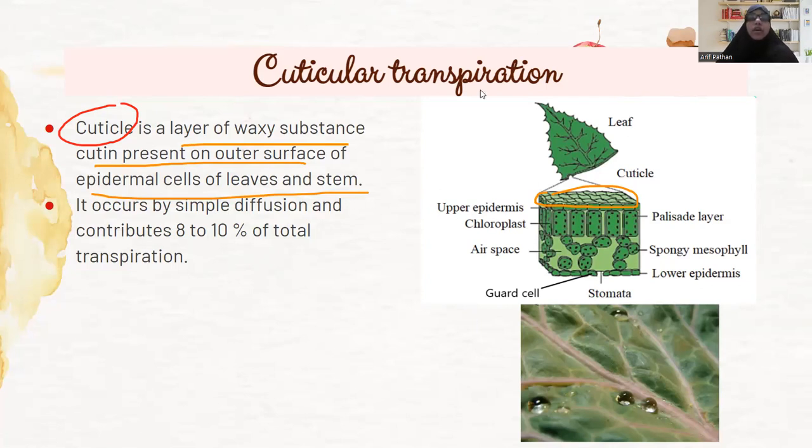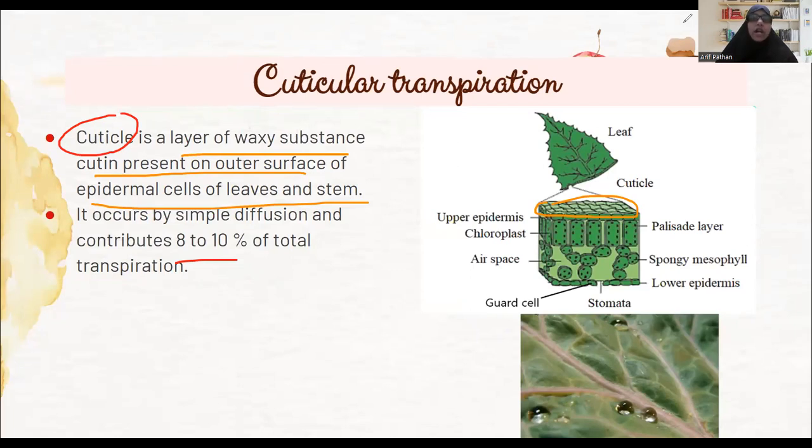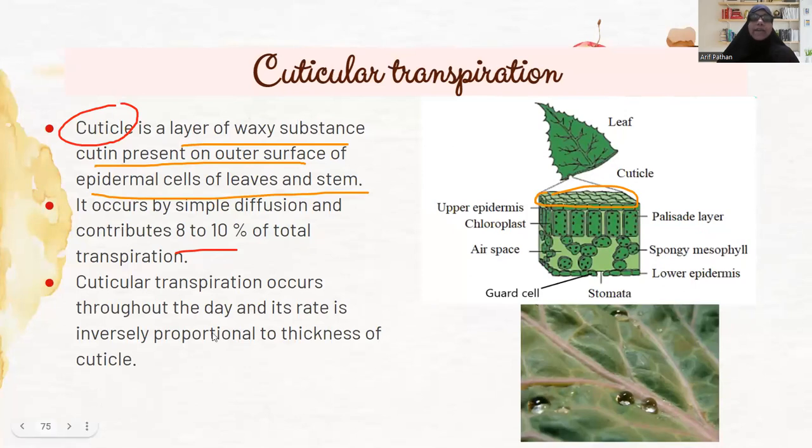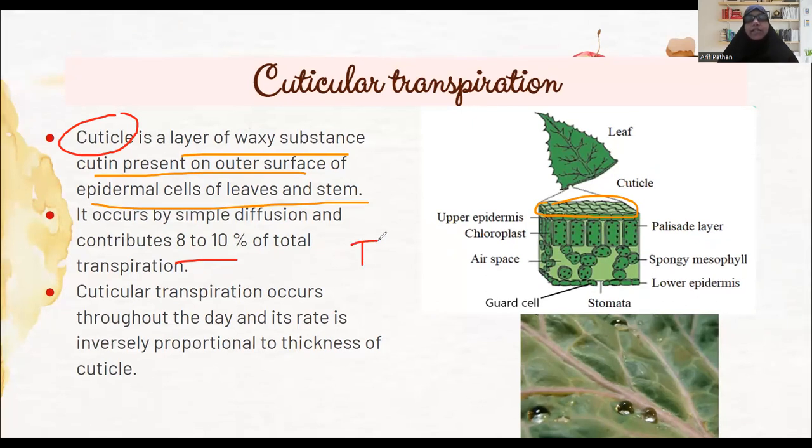Though not most of the water is lost through this, only 8 to 10% of transpiration happens because of cuticular transpiration. Okay, it happens throughout the day, and its rate is inversely proportional to the thickness of the cuticle. Inversely proportional to thickness of cuticle means transpiration is inversely proportional to thickness of cuticle. So the more the thickness, the less the transpiration.